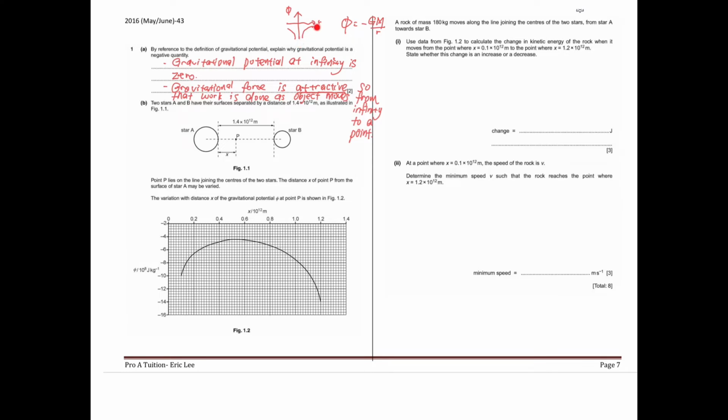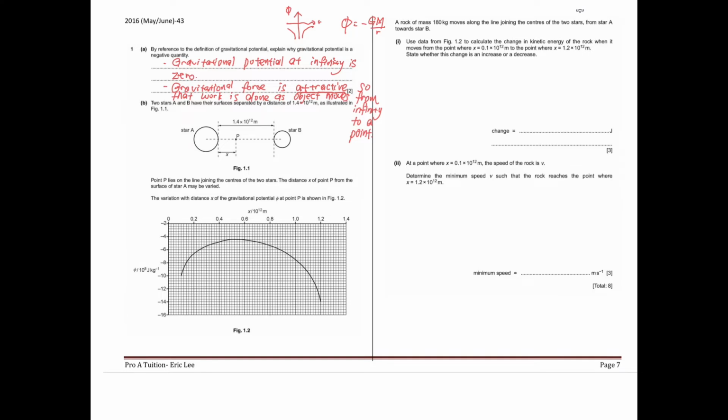So like the example that I gave just now, when the rock is approaching the earth, the earth and the rock start attracting each other when they are close enough. So that's why negative has to be there so that everything can be represented accordingly. Okay, so this is the second point.